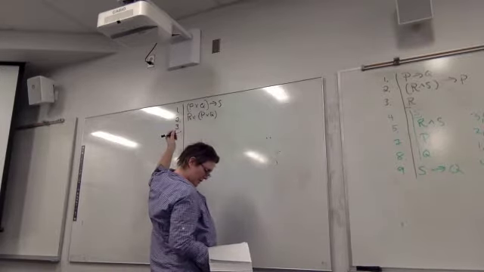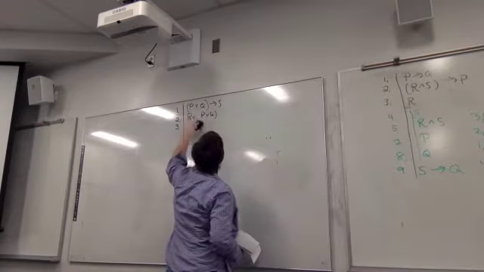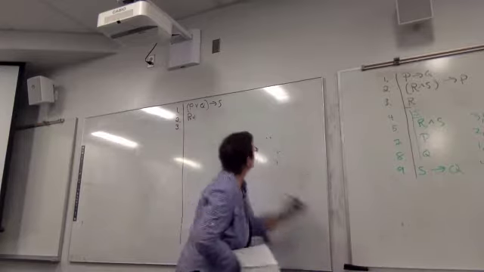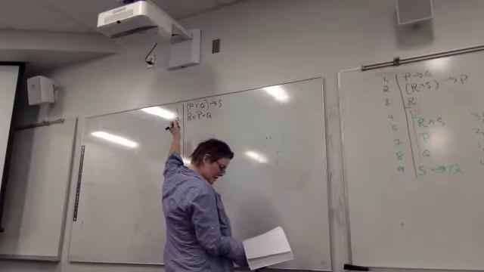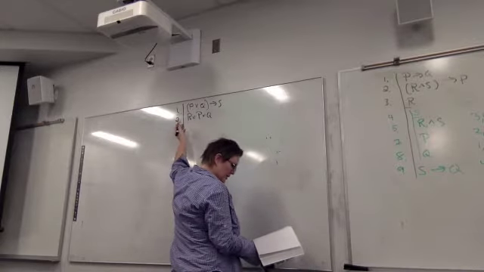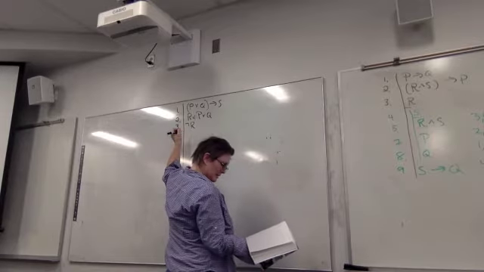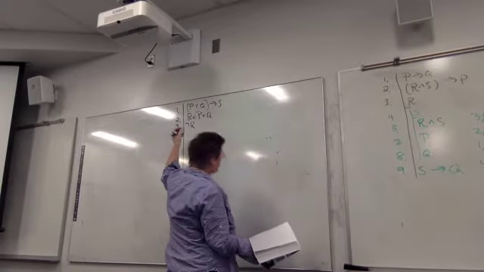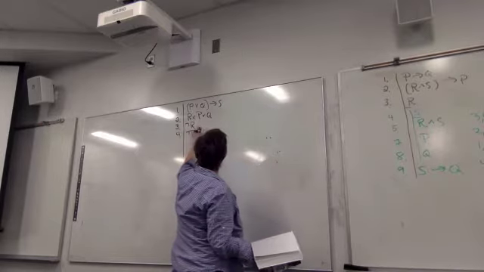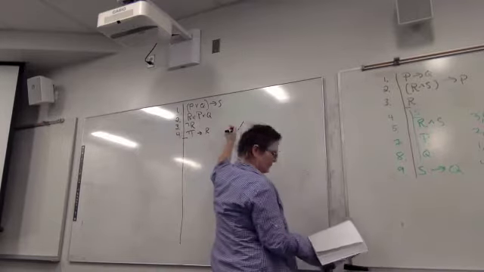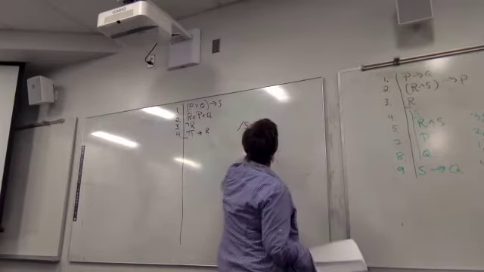R, P or Q. Actually, sorry, I'm pulling out of this textbook. We don't need the parentheses. R, not R, and not T on R, and then S if and only if T.